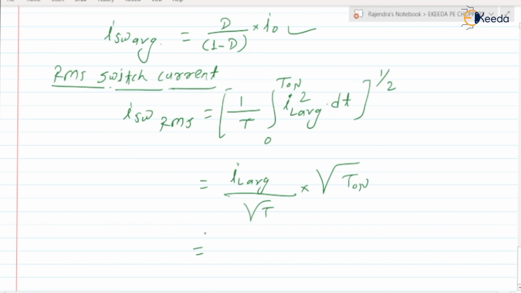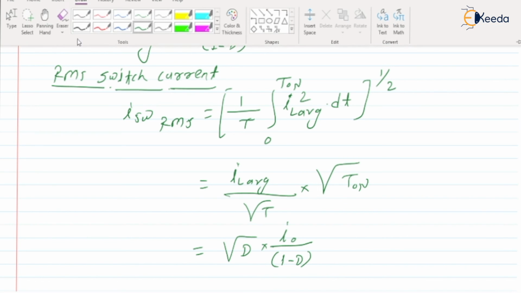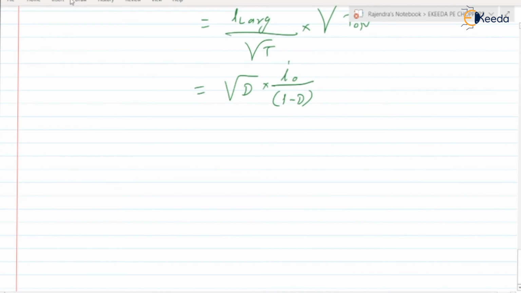IL average is I0 upon 1 minus D. Root T on by root T is nothing but root D. So this can be written as under root D upon 1 minus D into I0, which is nothing but ISW RMS. Are you getting the point? This is the RMS value of the switch current.